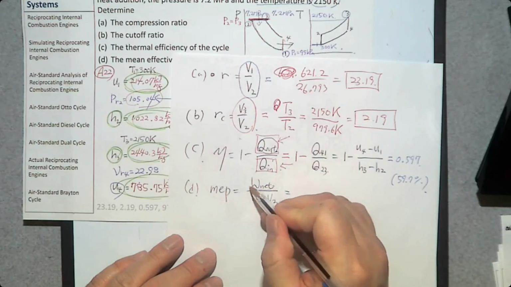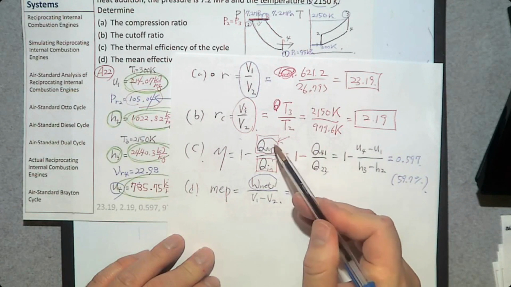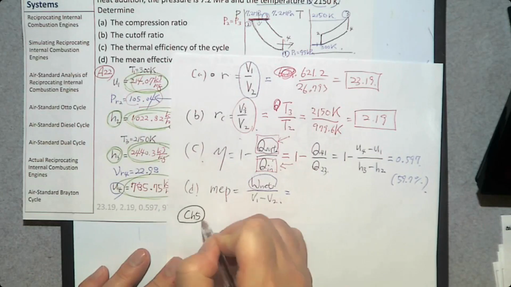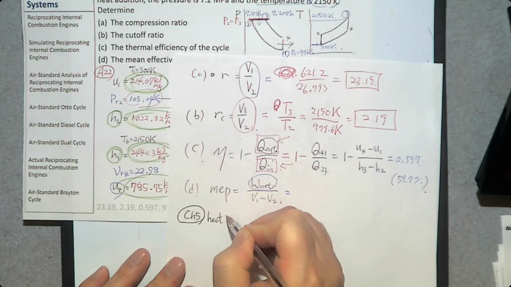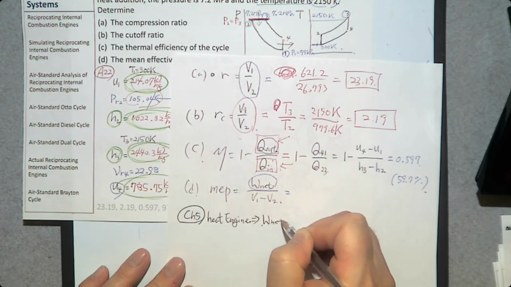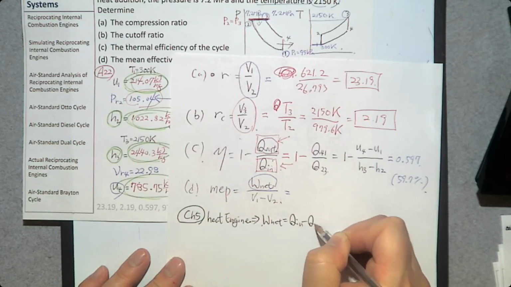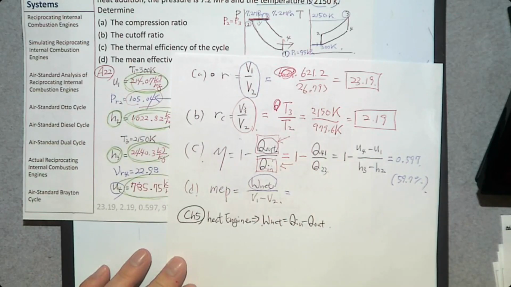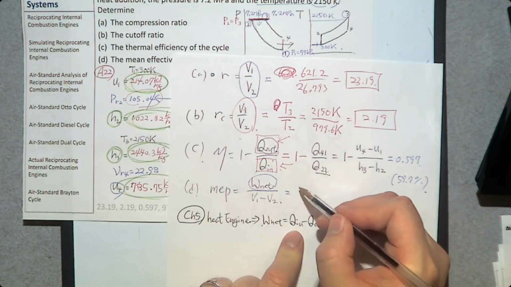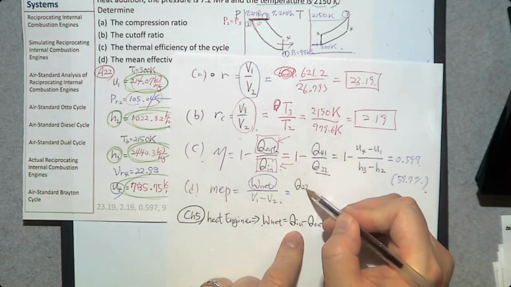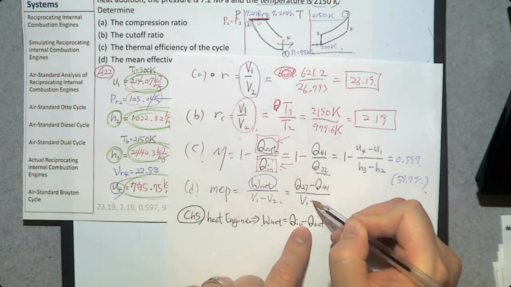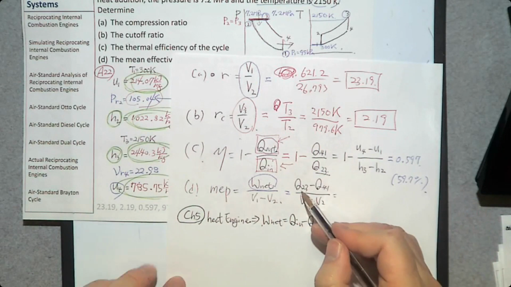The last one is mean effective pressure. So W net can be determined by Q in minus Q out, according to the energy balance equation in chapter 5 for a heat engine. You may remember, if you go back to chapter 5, W net is Q in minus Q out, and Q in is Q23, minus Q out, Q41, divided by V1 minus V2. So how do you calculate Q23?